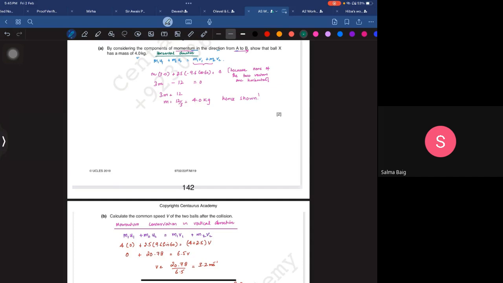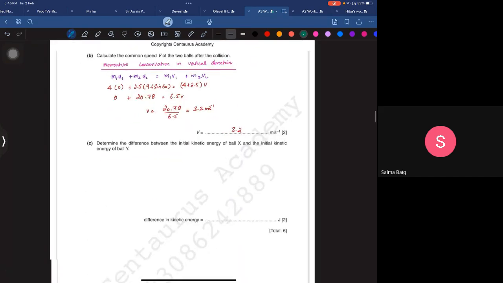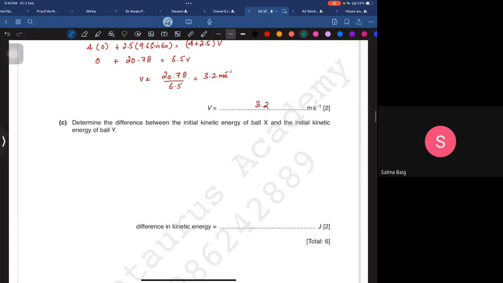Okay. All right, kids. Now going to the next. In the next question, it says, determine the difference between the initial kinetic energy of ball X and the initial kinetic energy of ball Y. Well, that's fine because kinetic energy is just a scalar quantity. It doesn't really care about directions at all.